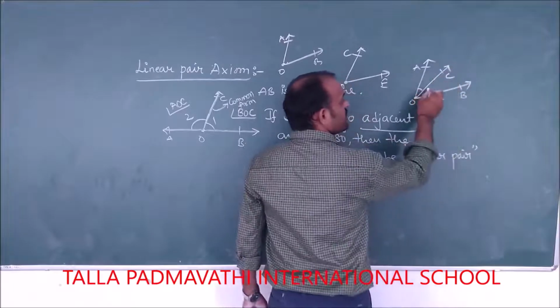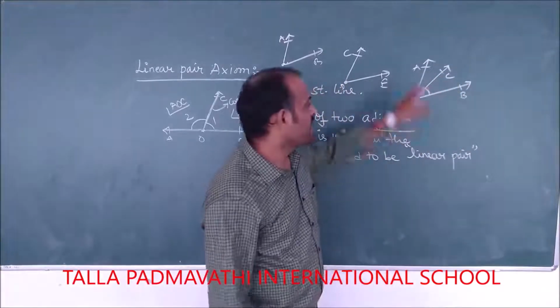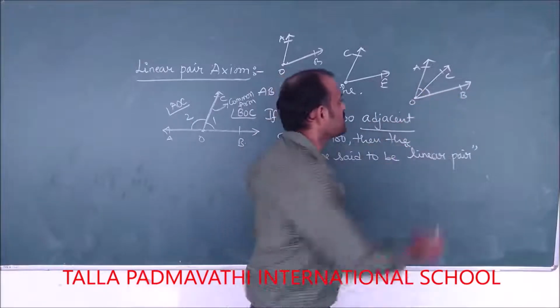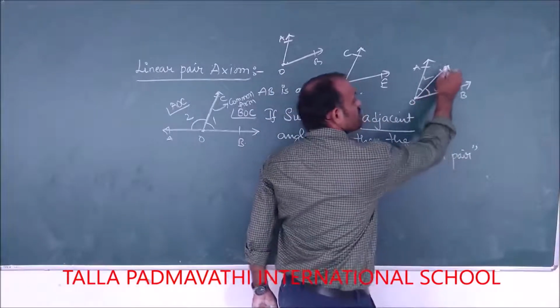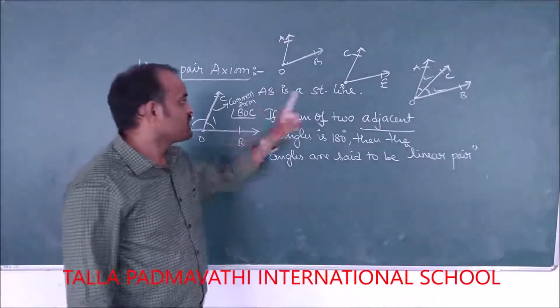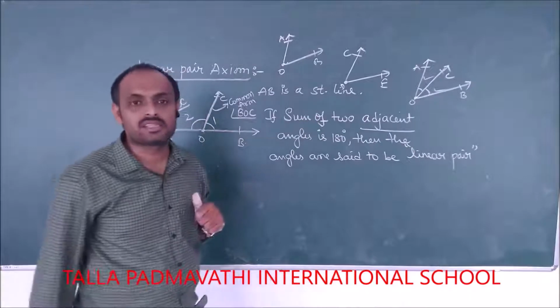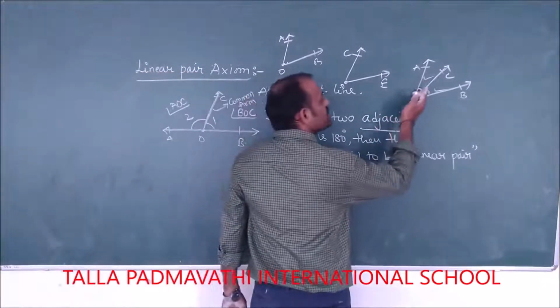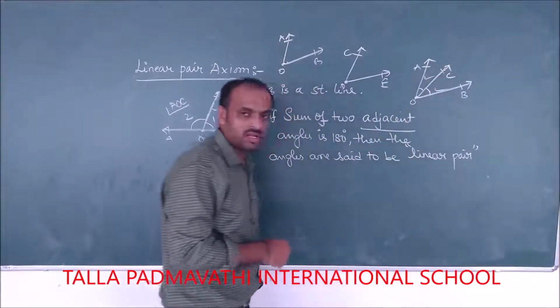See, here two angles are formed: angle AOC and angle BOC. For these two angles, this arm is common, right? Two angles which have one arm in common are said to be adjacent angles. Adjacent angles means they should have one arm in common.